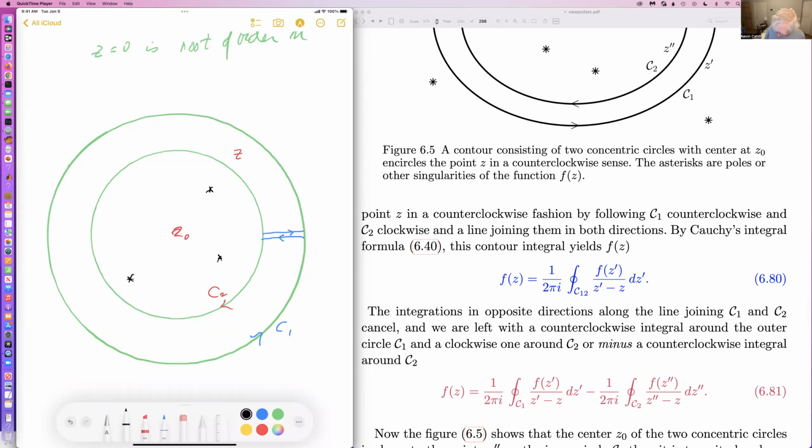So these are singularities, and there might be some out here also. So that's basically the idea of the situation here. We've got singularities, but we have a region of analyticity, that is to say, this region here.